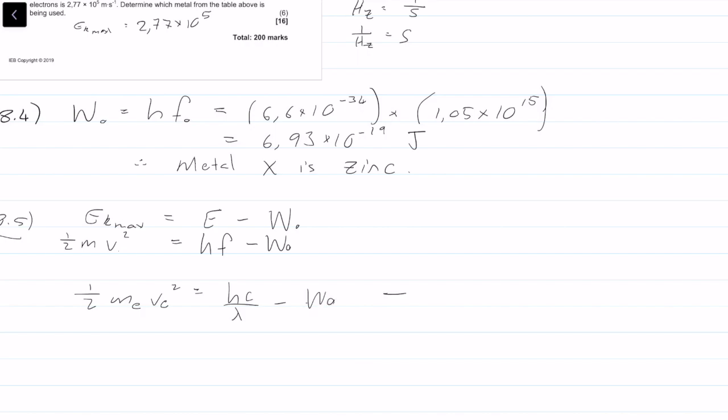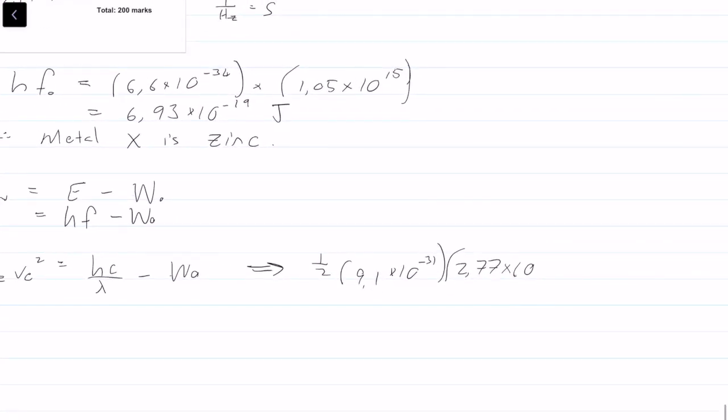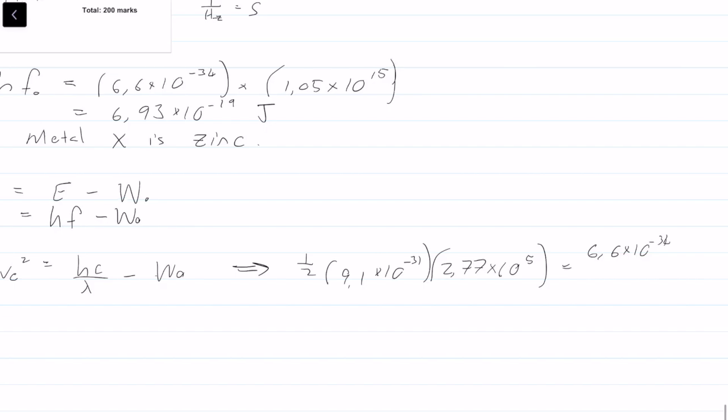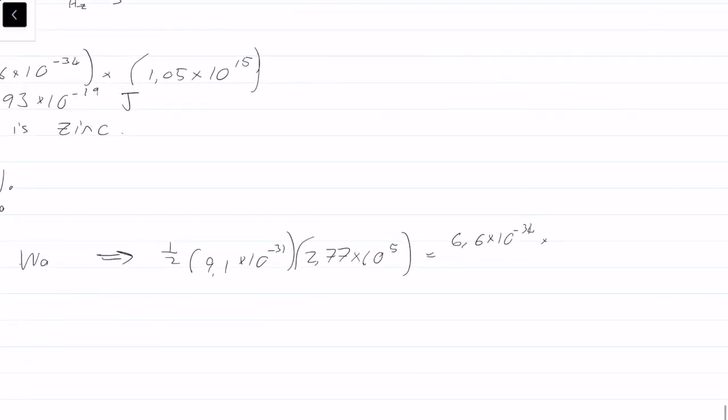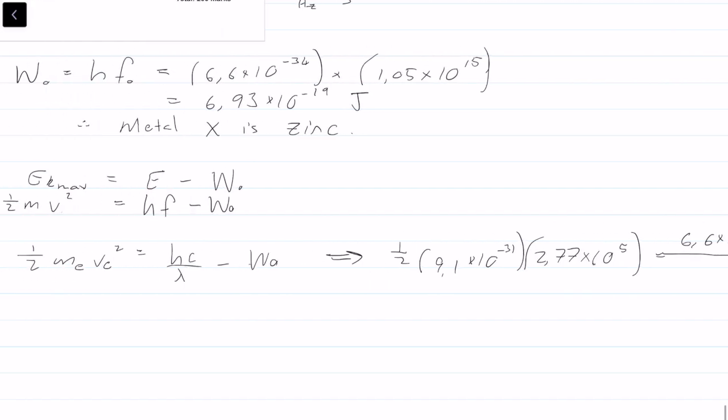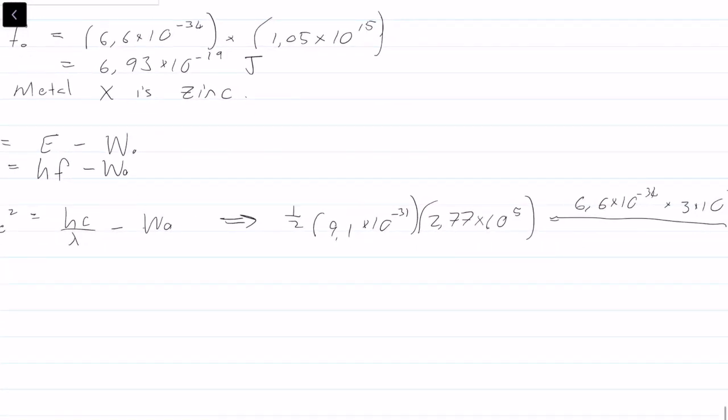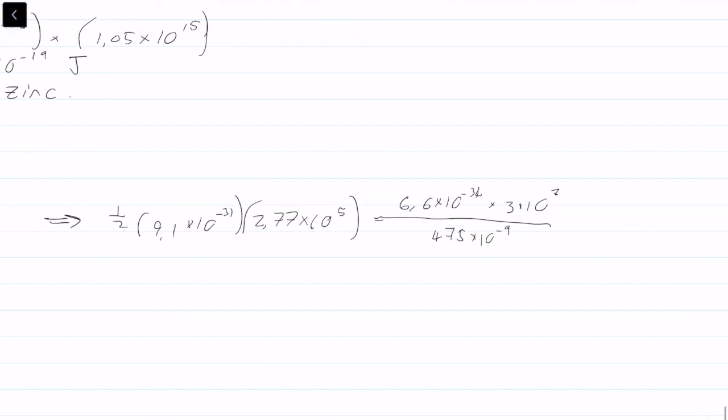That's a half times 9.1 times 10 to the minus 31 times 2.77 times 10 to the 5 squared, equal to h, Planck's constant, 6,6 times 10 to the minus 34, times c, the speed of light, 3 times 10 to the 8, over lambda, 475 times 10 to the minus 9, minus the work function.